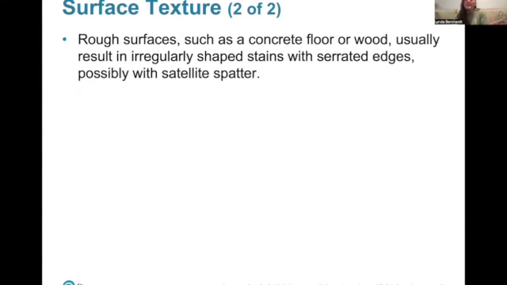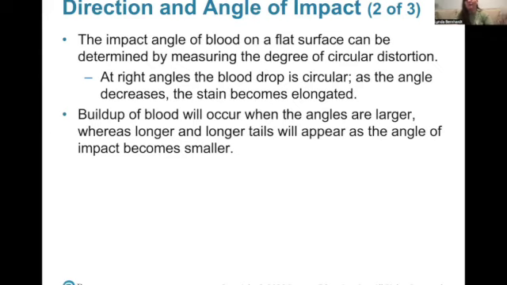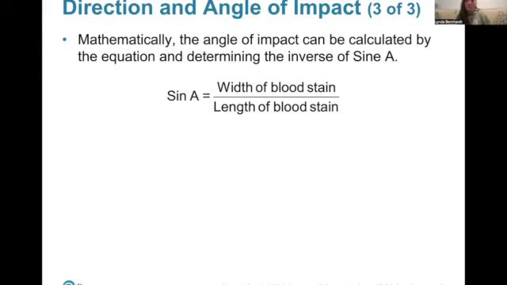Rough surfaces like wood, like I was talking about, can result in irregularly shaped stains, serrated edges. A lot of the blood spatter, again, has to do with the direction and angle of impact. And so that's all this is covering, math, and we actually have one right here.